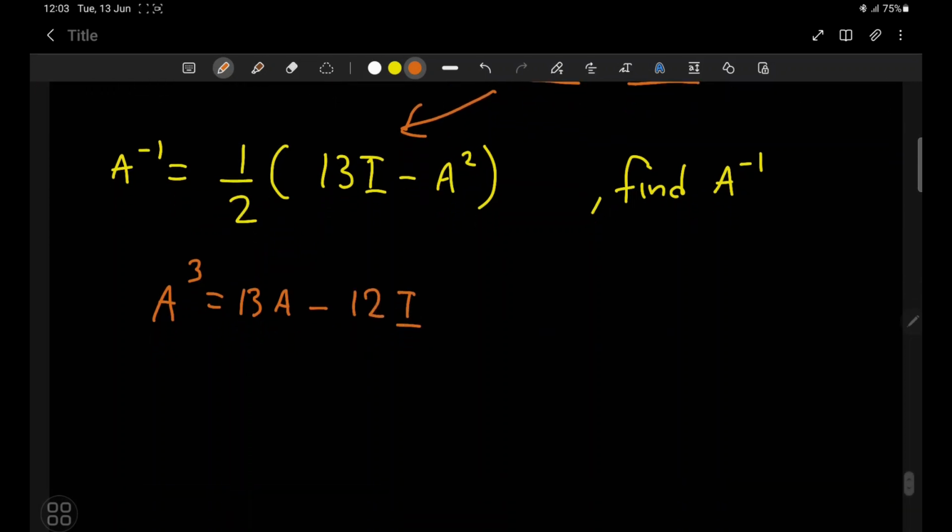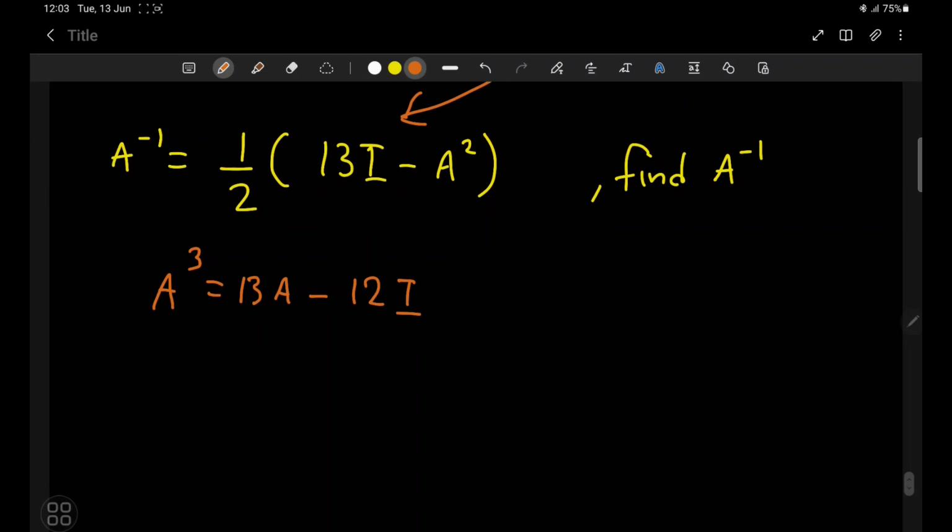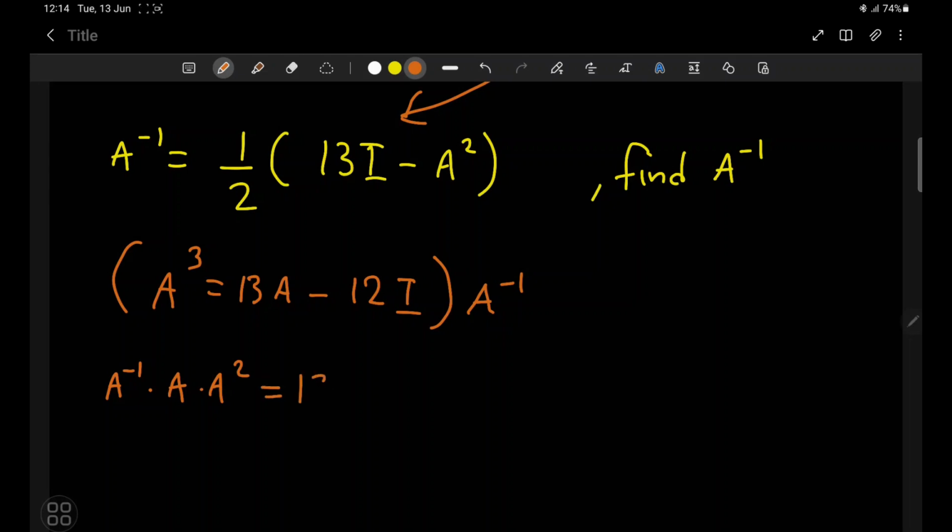Okay. So let's try to multiply throughout the equation with A inverse. We'll split A cubic into A and A squared, which is equal to 13A multiplying with A inverse, minus 12 the identity matrix multiplying with A inverse.